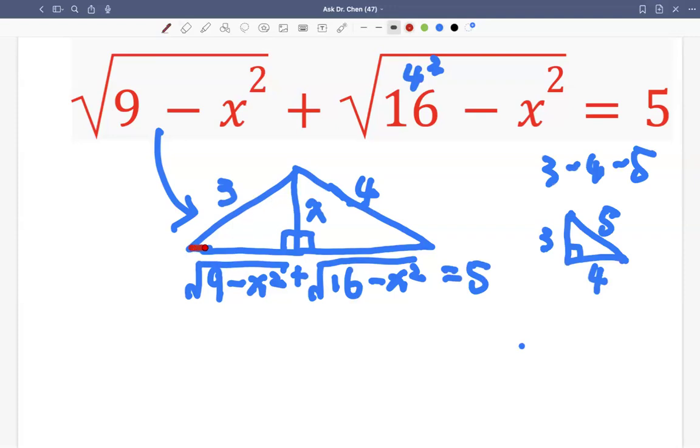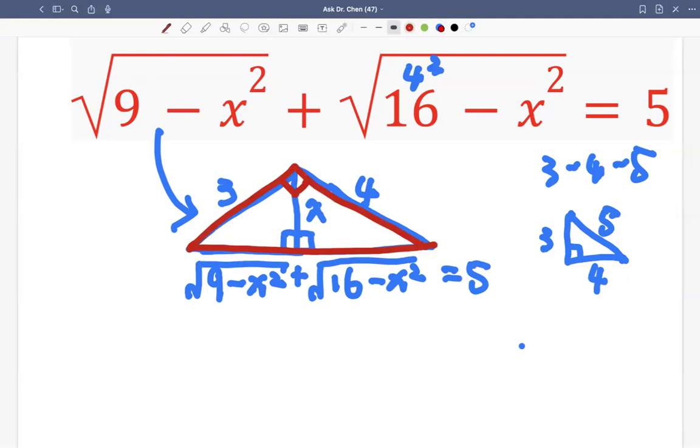We have this side is 5, and this side is 3, this side is 4. My picture is a little bit off. And then this angle has to be a right angle. So this is a right triangle.